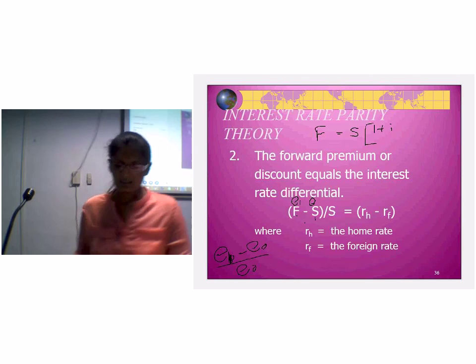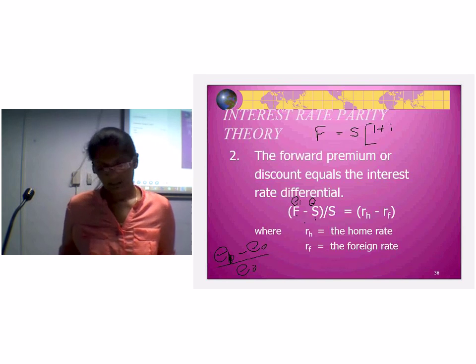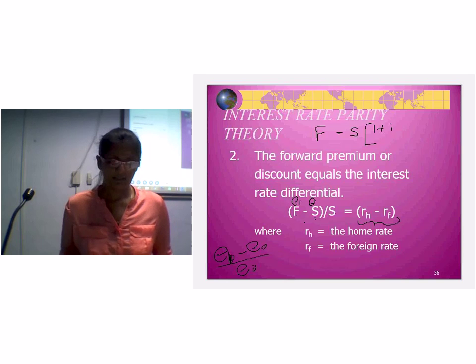If there is any change in inflation, the exchange rate change should be reflected in the change in the interest rate, right?